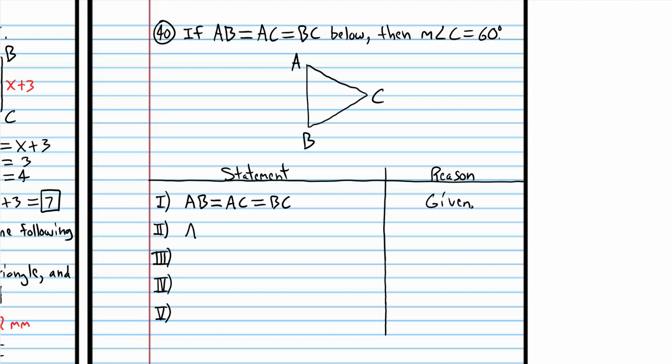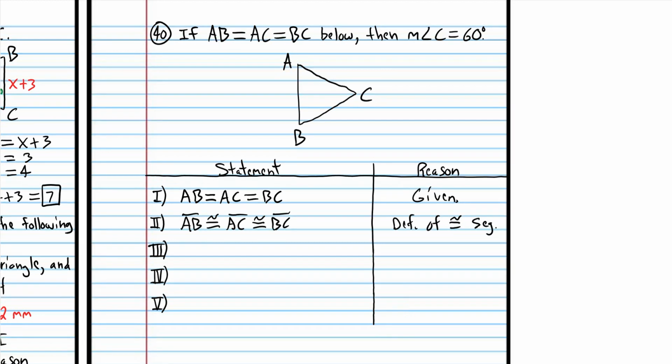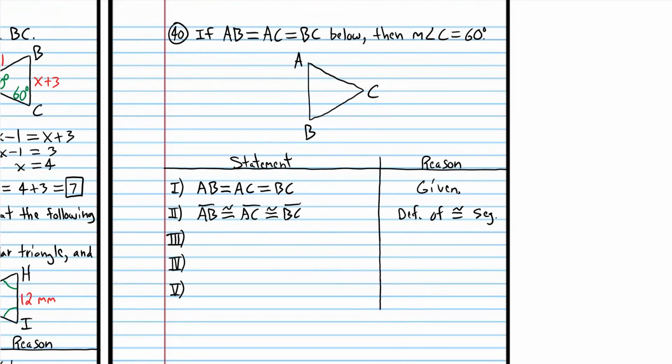I guess we can say that. Sometimes you might skip this step, but I guess we should just write that. That is the definition of congruent segments. So we know that all the sides are congruent now.